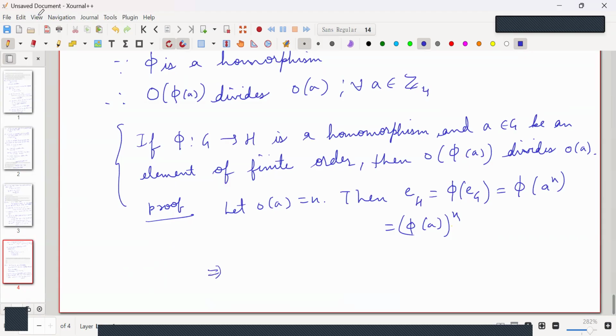So this implies, and I think I have also told you the proof of it, the order of phi of A divides n, which is the order of A.